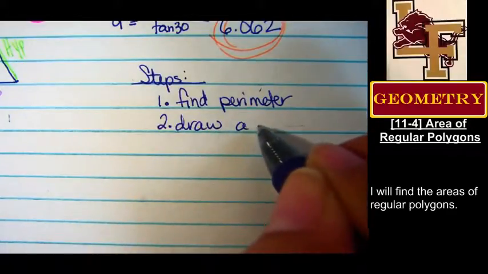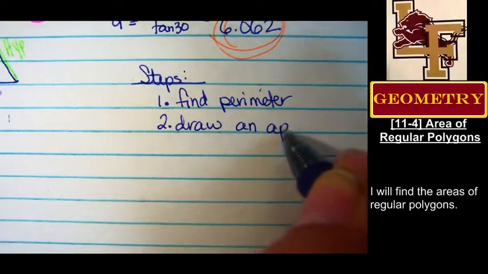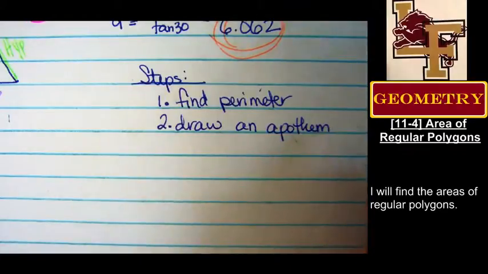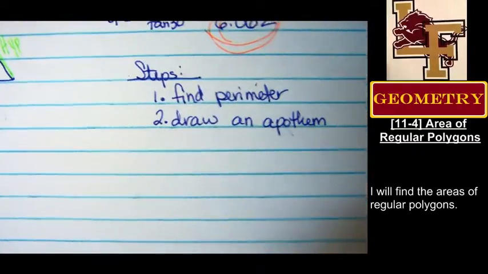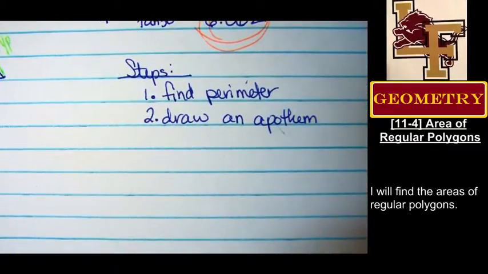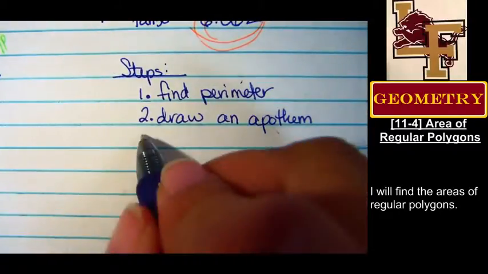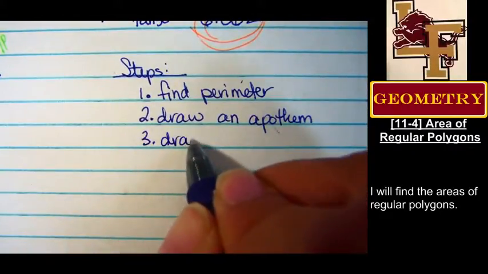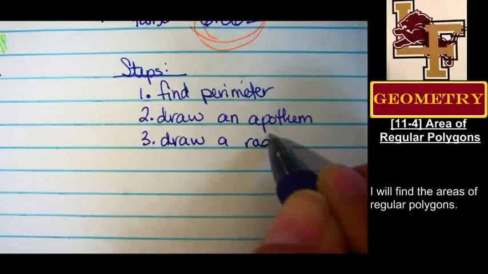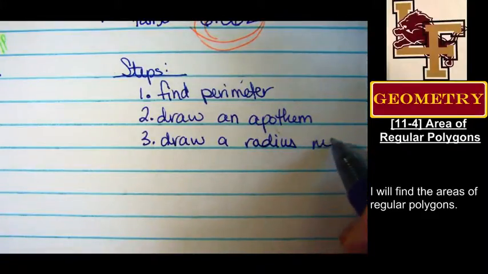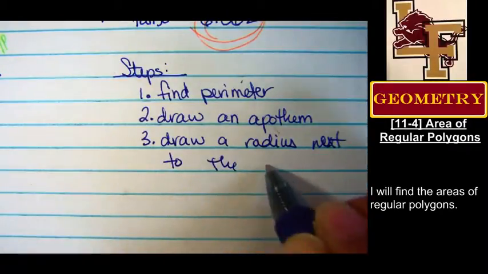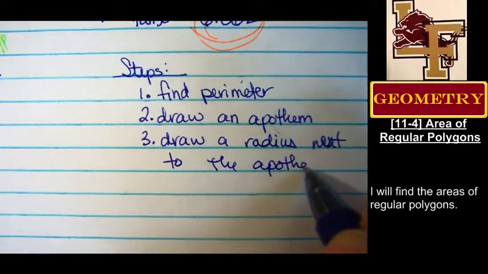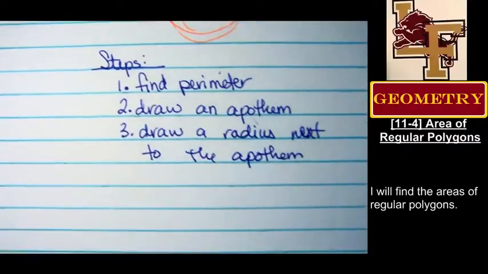Draw an apothem. Do not name him Jerry the Tacuache. That would be great. 3. Draw a radius next to the apothem. And you're doing that so you can create a right triangle.